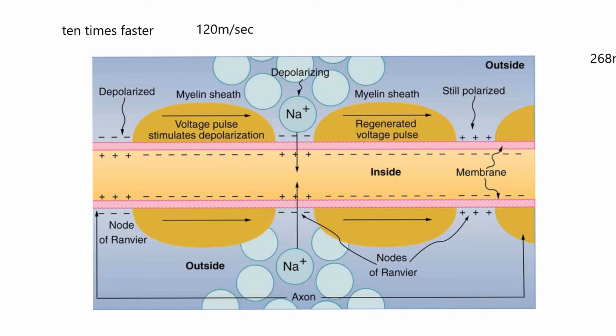But my little feeble brain said, how many miles per hour is that? That's the same as going 268 miles per hour. So nerve impulses travel very fast, even if it's half of that value. Even if it's half of 120, say 60 meters per second, that would mean 134 miles per hour. I think you'd agree that's pretty fast conduction.